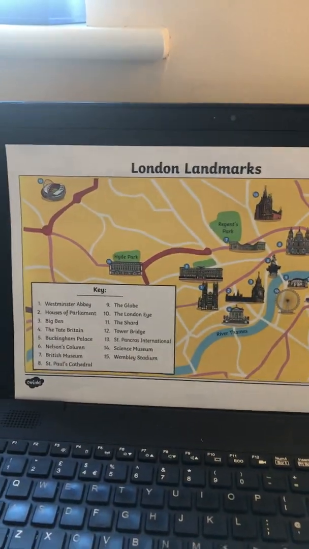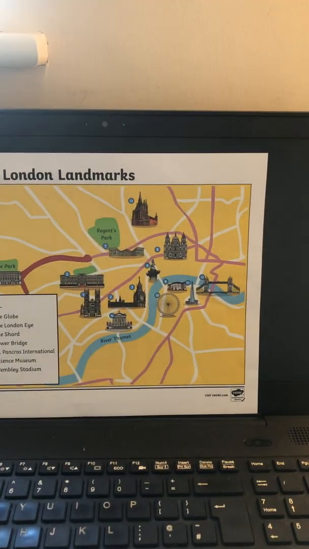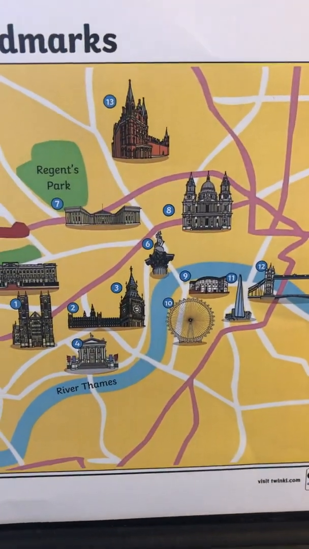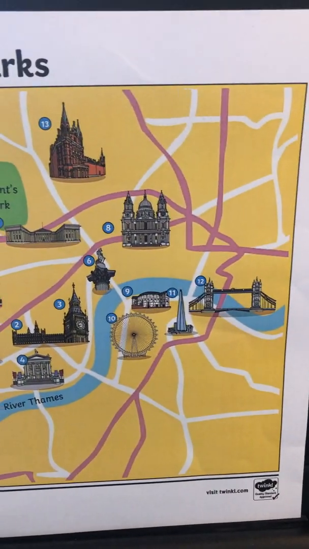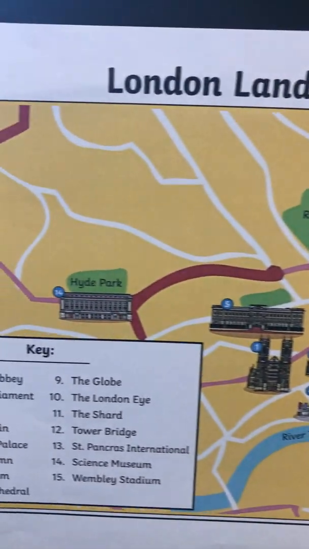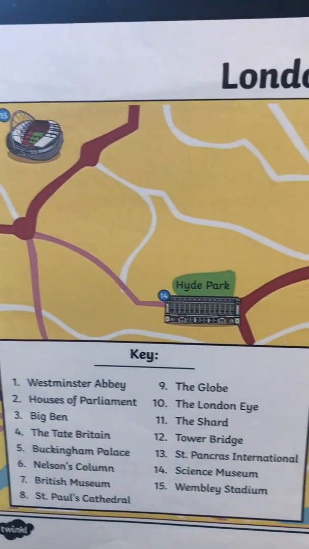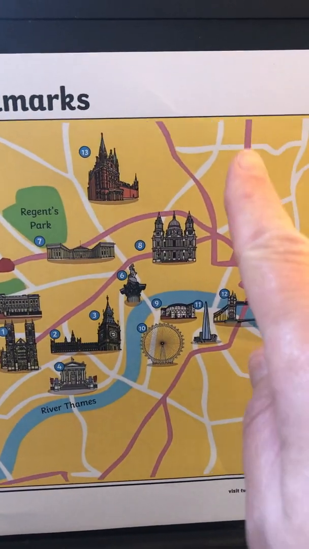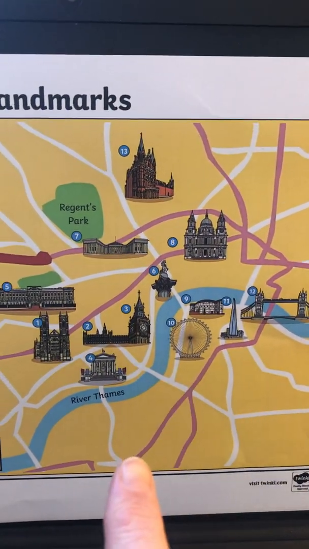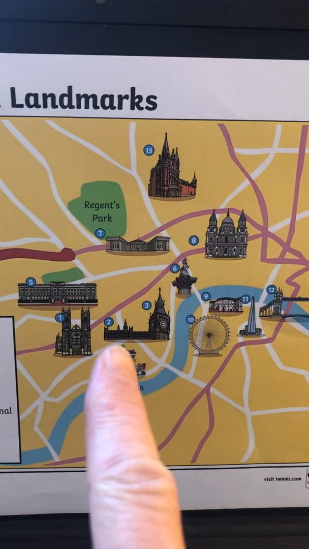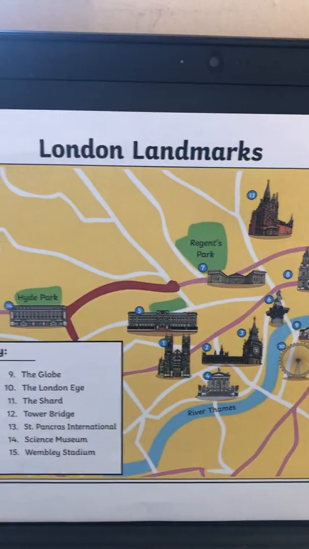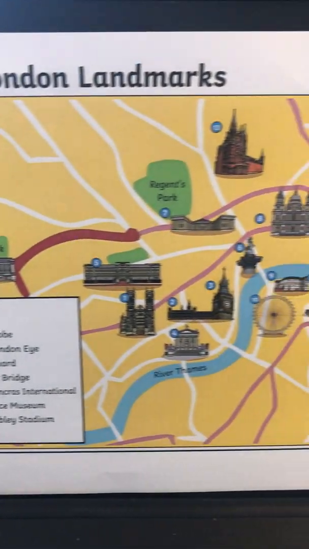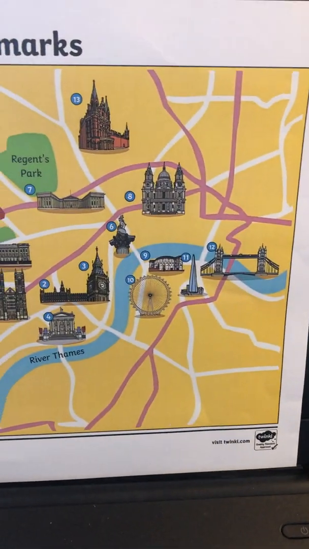So this is a map showing the city of London. And if you look closely, you can see from the pictures, it's showing you where some of the places and some of the buildings in London are. What do you think all these pink and white lines are? Lots of pink and white lines are going across the map. Can you guess?